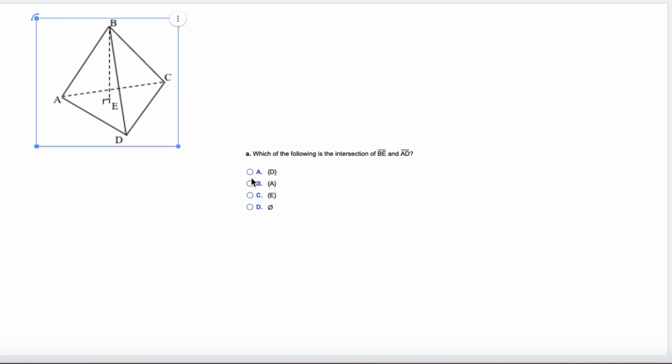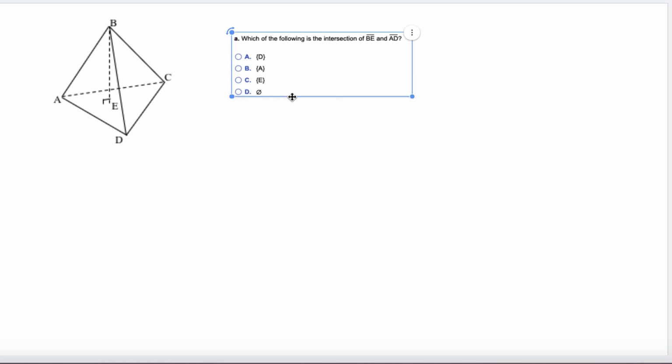The first question using this diagram is: which of the following is the intersection of segment BE and segment AD? Segment BE is here, the segment perpendicular to the plane at the bottom, ACD, right?